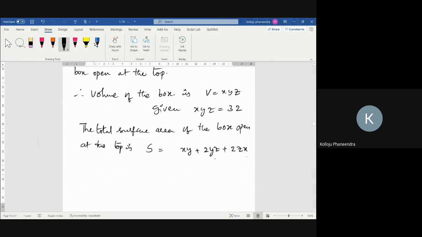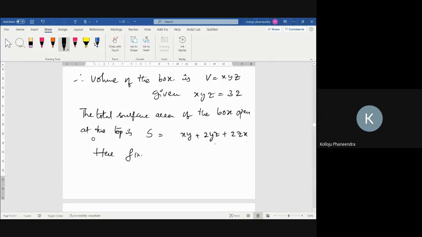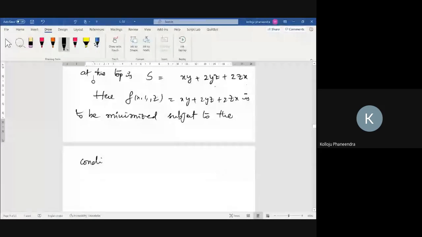Here, f of xyz is xy plus 2yz plus 2zx, which is to be minimized subject to the condition. What is the condition? The volume is given as 32. So the problem comes under Lagrange's multipliers method.